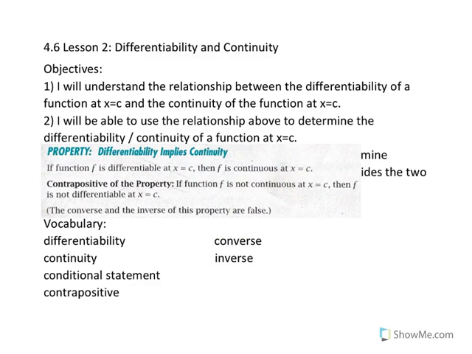This is what we learned in Lesson 1. You will understand the relationship between the differentiability of a function at x equals c and the continuity of the function at x equals c, and you will be able to use the relationship to determine differentiability or continuity of a function at x equals c.